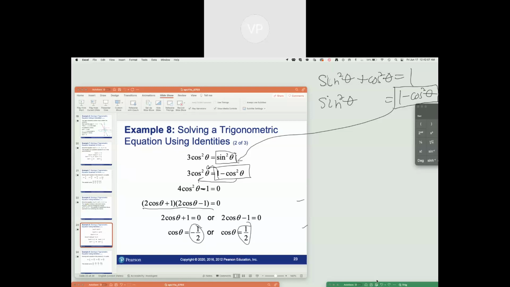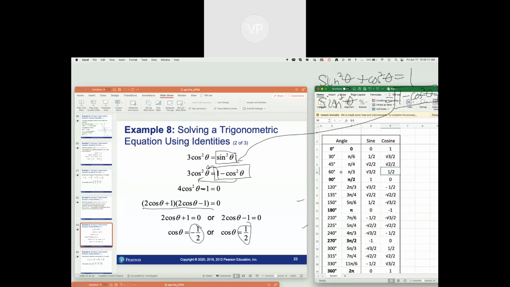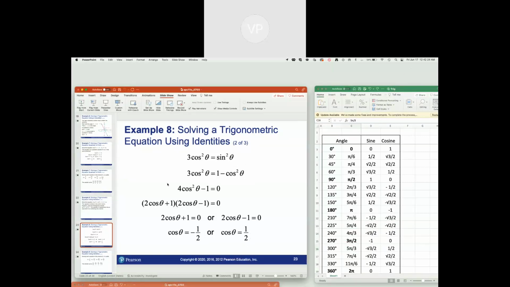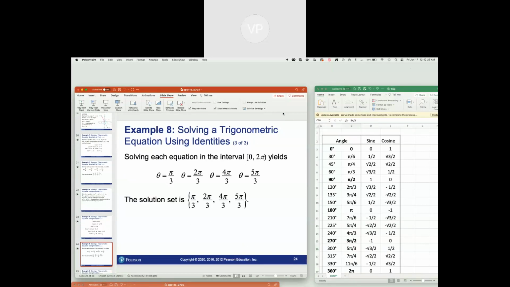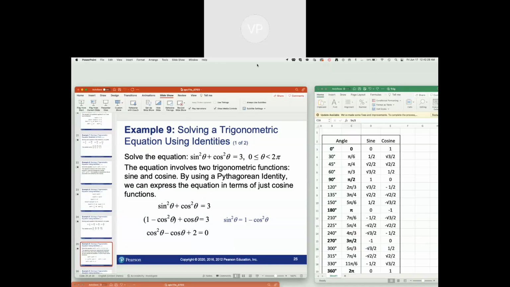We're looking for all places that cosine is a half or negative 1/2. So we have pi over 3, 2 pi over 3, 4 pi over 3, and 5 pi over 3. Those are my four solutions here. So there they are, and there's our solution sets.